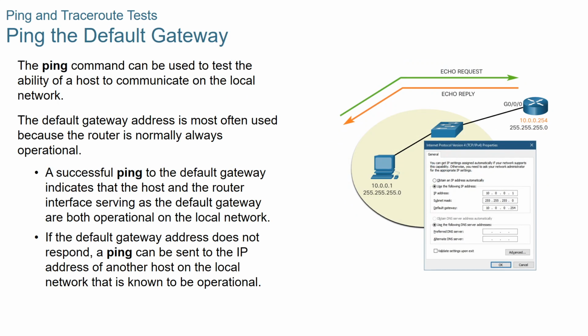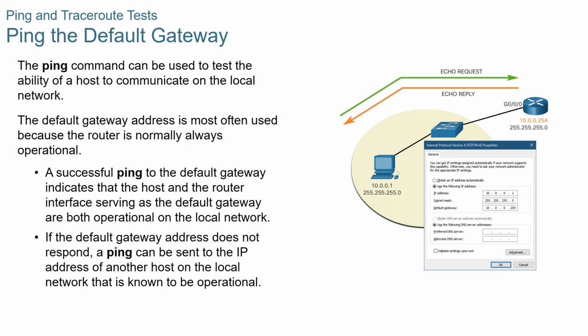Pinging the default gateway. The ping command can be used to test the ability of a host to communicate on the local network. The default gateway address is most often used because the router is normally always operational. A successful ping to the default gateway indicates that the host and the router interface serving as the default gateway are both operational on the local network. If the default gateway address does not respond, a ping can be sent to an IP address of another host on the local network that is known to be operational.